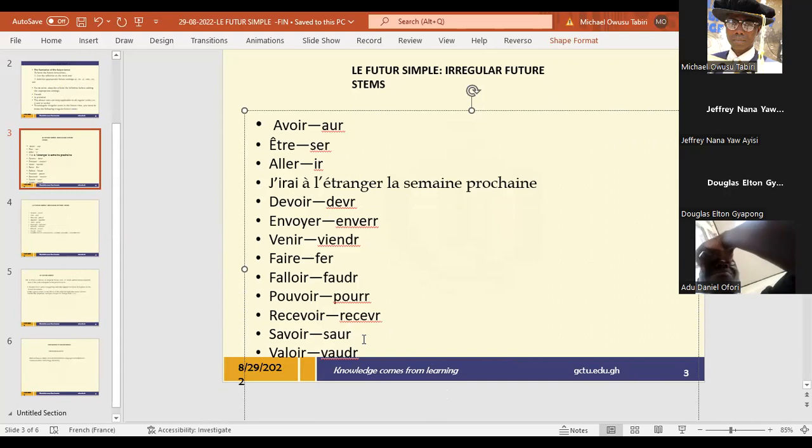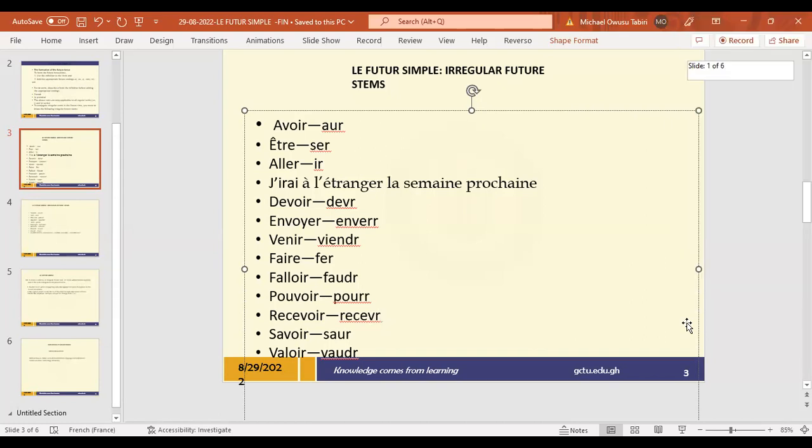Par exemple, je peux dire, moi, je connais Jeffrey, je connais David, je connais Michael, je connais la France. Mais si c'est savoir, je sais manger, je sais danser, je sais chanter. Like I know how to do something, you use savoir for it. And if it's to know someone or a place, then you use le verbe connaître. Il faut comprendre ça bien.